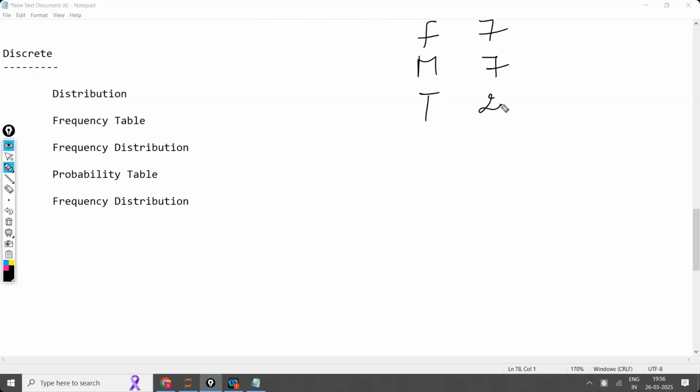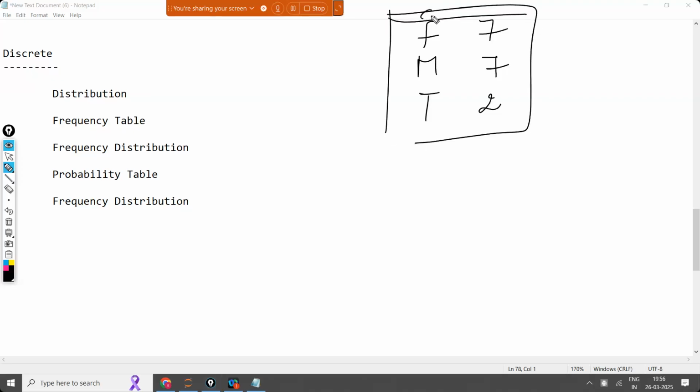This is called the frequency table, where you have the category along with their frequency in a table. Why do we call it category? Unique values means distribution. This is also distribution only, frequency distribution. But if you represent the frequency distribution in a table, it is called a frequency table.